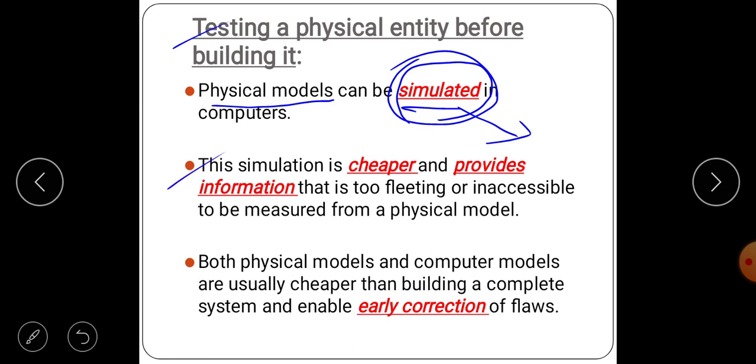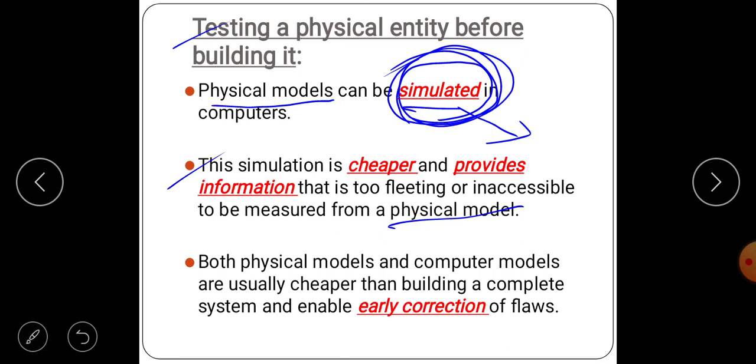Okay, this simulation is cheaper and provides information that is too fleeting or inaccessible to be measured from the physical model. Why are we going to construct simulated models?